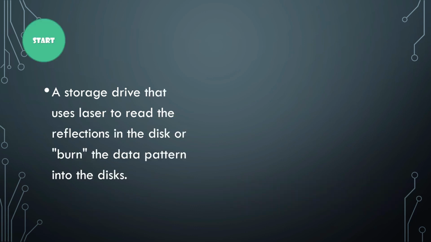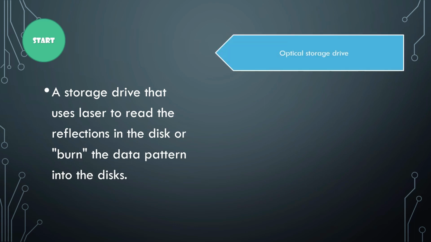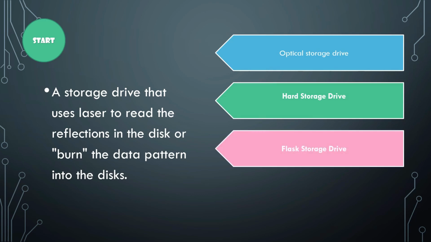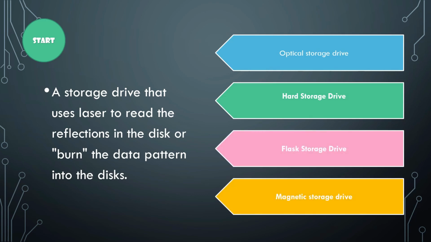Next question. A storage drive that uses laser to read the reflections in the disk or burn the data pattern into the disk. Is it optical storage drive, hard storage drive, flash storage drive, or magnetic storage drive?